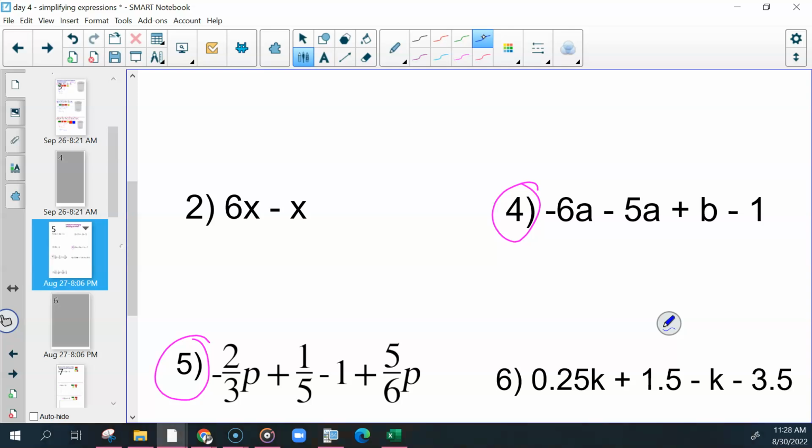When we write this answer, if we have more than one variable, write them in alphabetical order as your final answer. Do we have like terms here? If you have an answer, you can raise your hand. Josephine. For number 4.